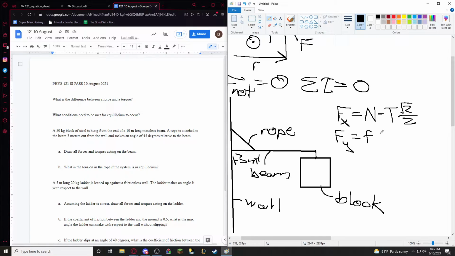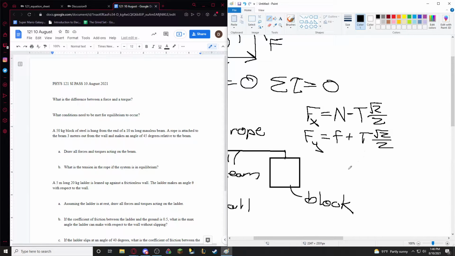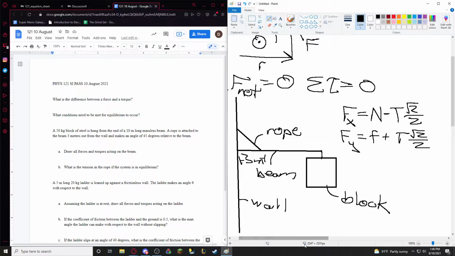And then we also had that same exact tension in the positive y direction, the same magnitude of the tension, plus T root 2 over 2. And then we have one more spot where there's a force acting on the beam: the weight force of the block.